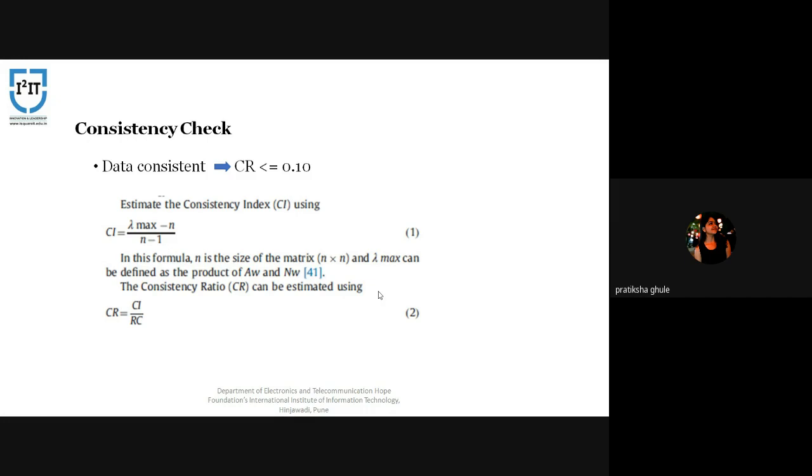So in the pairwise comparison of these two criteria, liquidity and chance of appreciation, if I give a weight of more or less than one, then my data will be considered inconsistent. For example, if I give liquidity 1 and chance of appreciation 2, then my data will be inconsistent, as we found the situation where liquidity must be equal to the chance of appreciation.